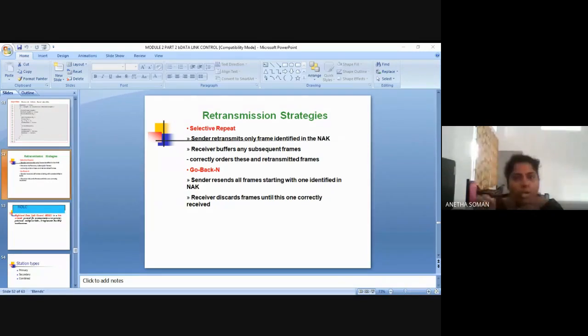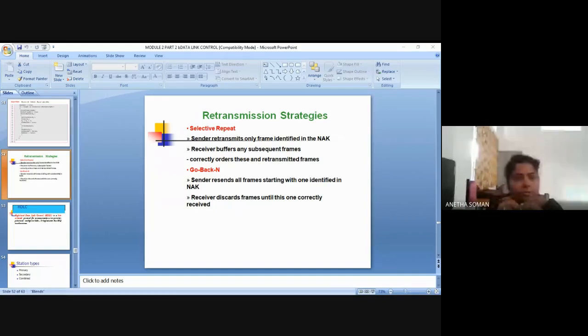Now, comparing flow control and error control, you have the error detection and correction process and the error control mechanism. They do it by the ARQ mechanism. ARQ means automatic repeat request, that means retransmission of data takes place.